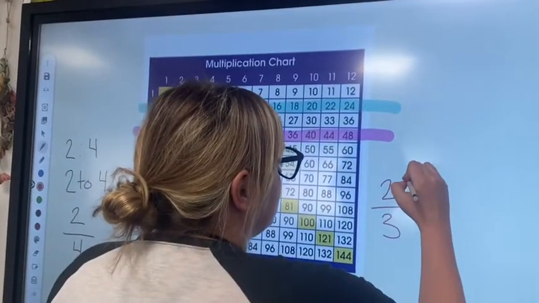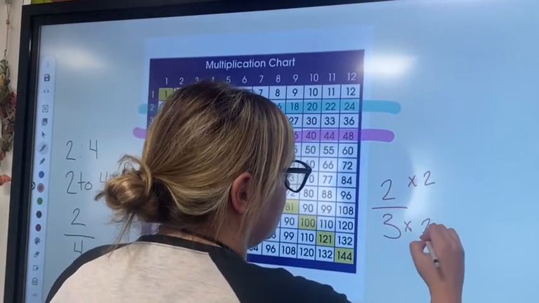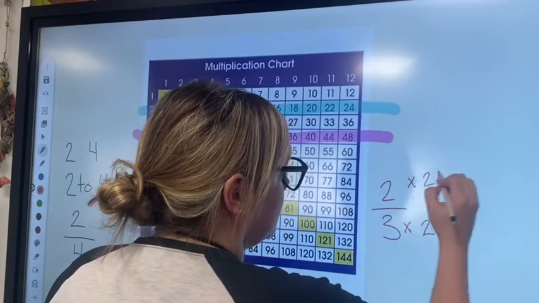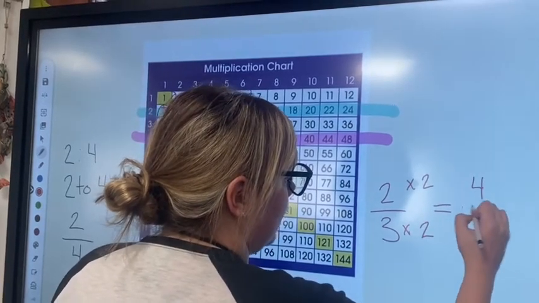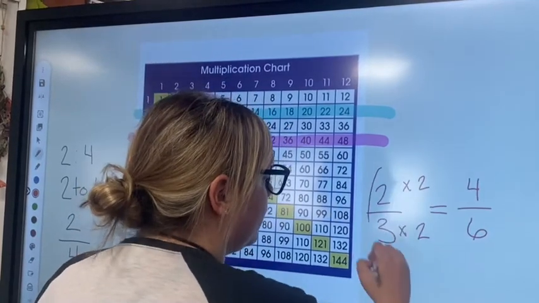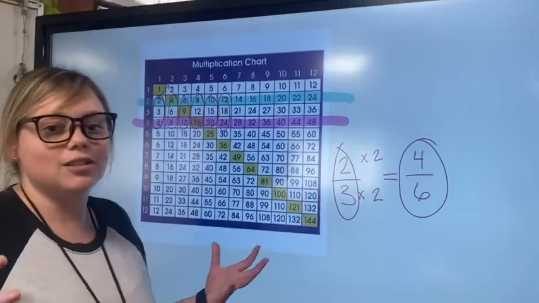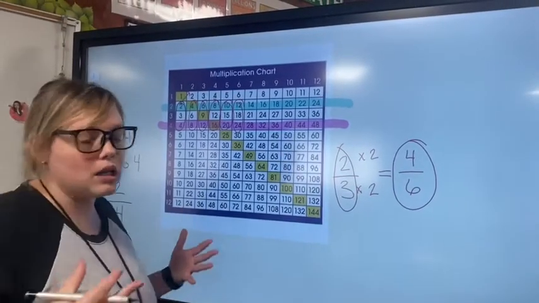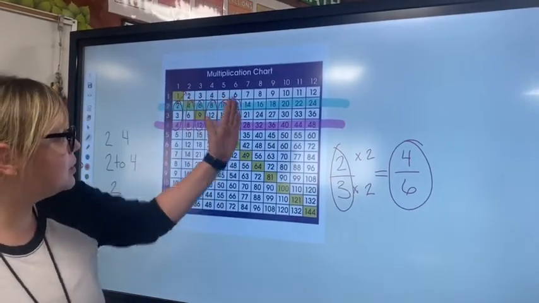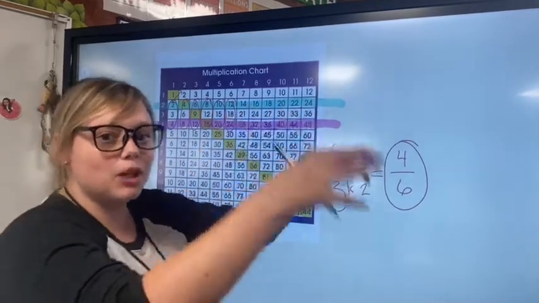So I'm going to times 2 by 2 and times 3 by 2. Okay, 2 times 2 is 4, and 3 times 2 is 6. So if you look, it has the same ratio, it's just represented bigger. It's represented with more. So all of these that are continuously going on, those are the same ratio, just bigger and bigger and bigger numbers.